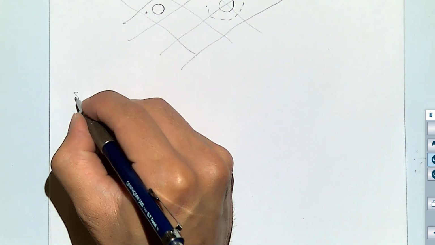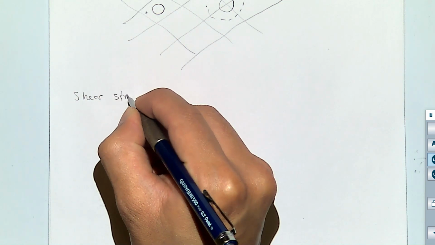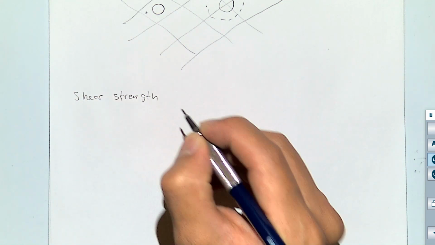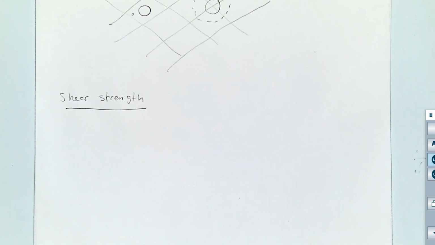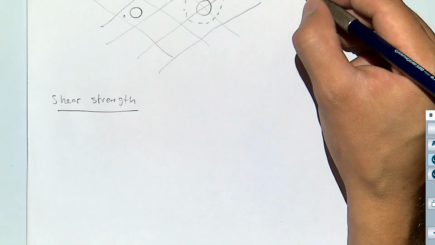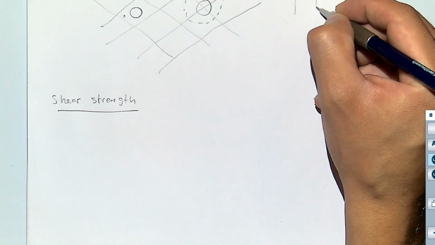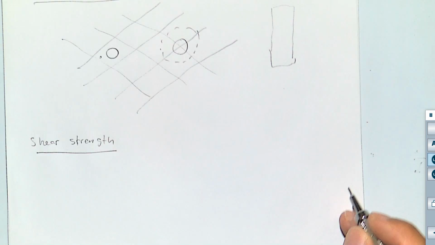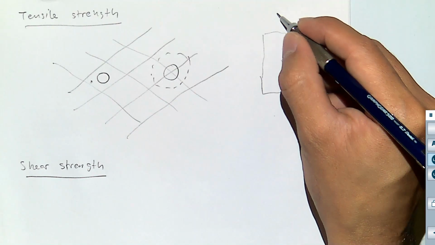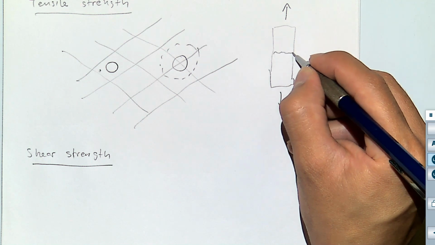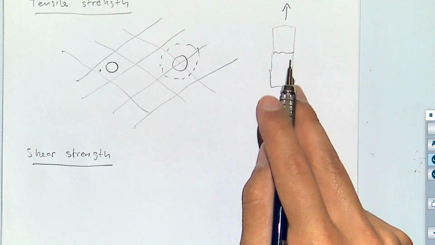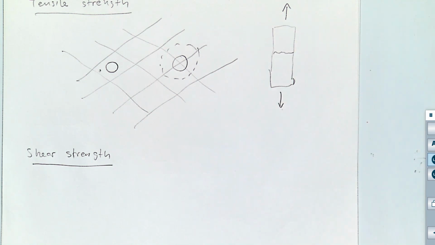The next thing that we're going to see is very important, and it is shear strength. In tensile strength, remember that if, let's say, we have a piece of rock, we're pulling in a direction, and a fracture is being caused perpendicular to the direction in which we are pulling.